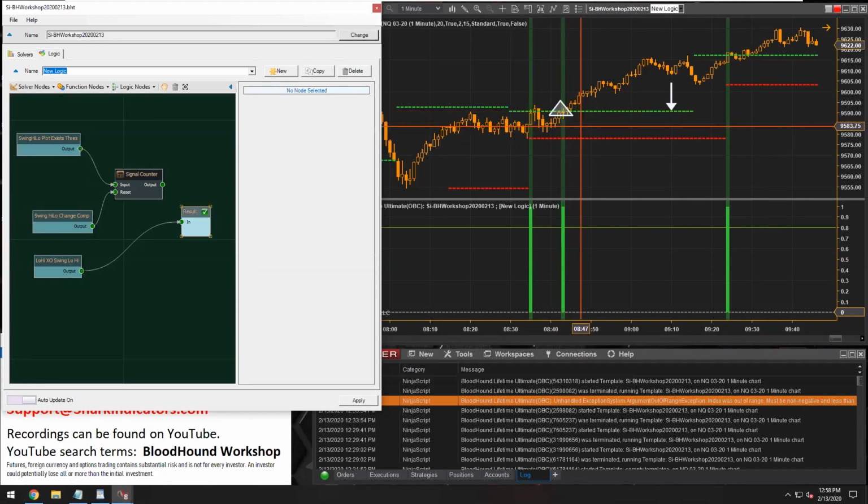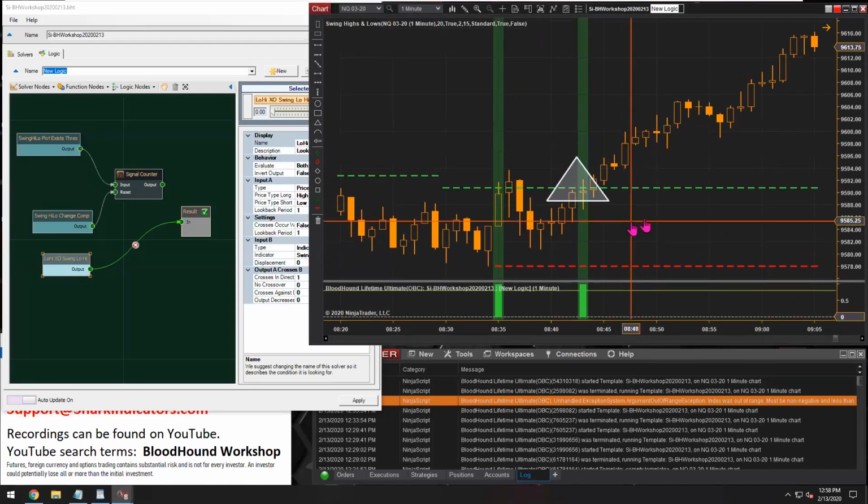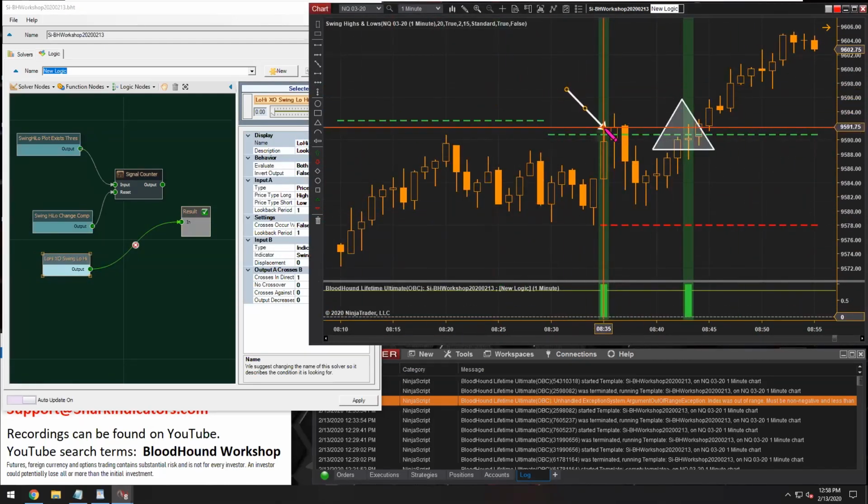So, let's see here. You know what? I'm noticing now I'm actually not going to use this crossover solver. We have this long signal that identifies that the swing high has been broken, but it's also broken back here and back here.